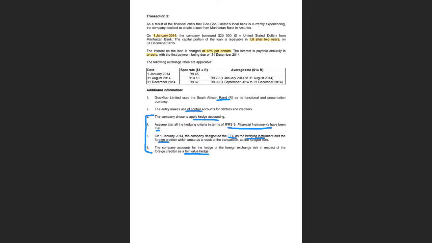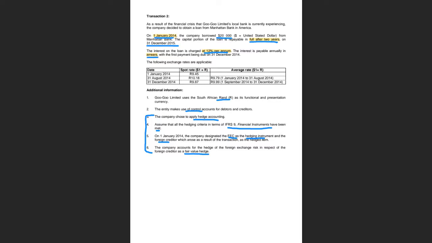So basically, just to give you a synopsis, we took out a loan on the 1st of January 2014. The amount of the loan was $20,000. Right? We're going to pay in full after 2 years, which is in December 2015, and the interest is at 12%. Notice what they say here: interest is paid in arrears.